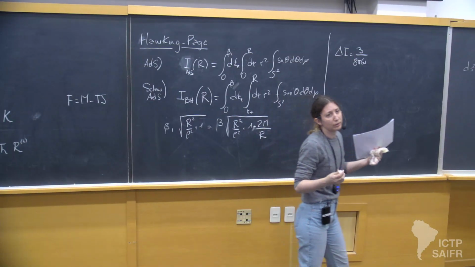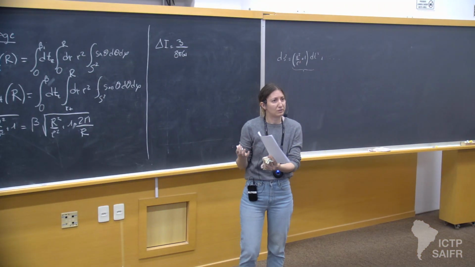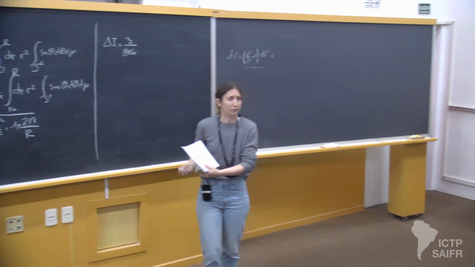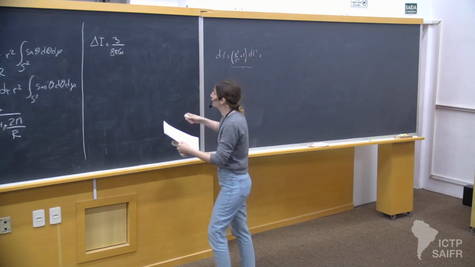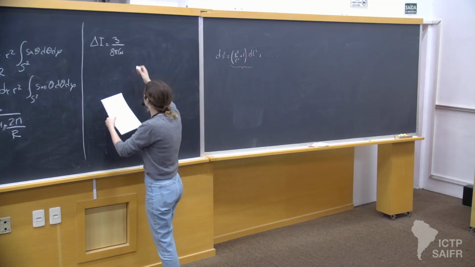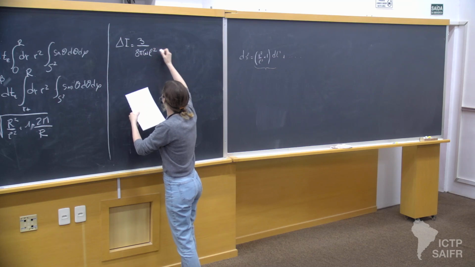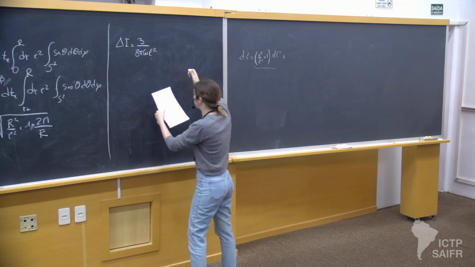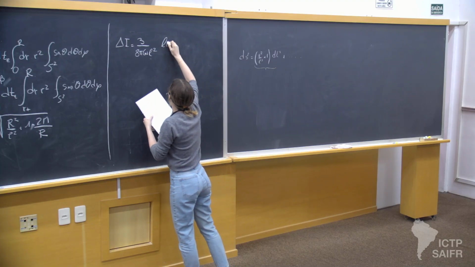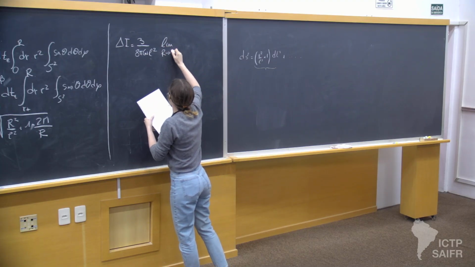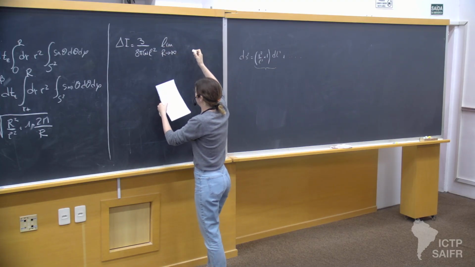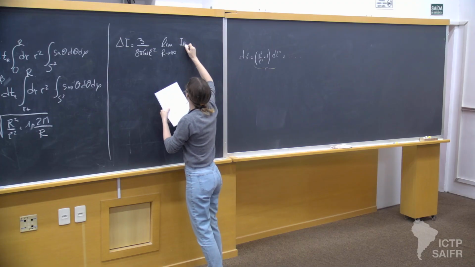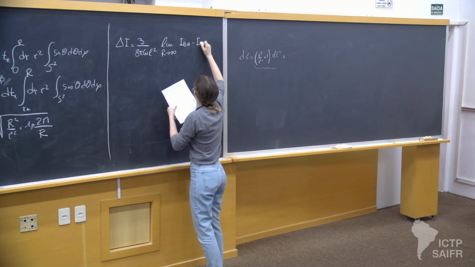But since you are subtracting two divergent pieces, you take the limit after. So you compute the limit here. I'm not sure of the L factor, but it should be there, I think. Then you take the limit, R goes to infinity, of I black hole minus I AdS.